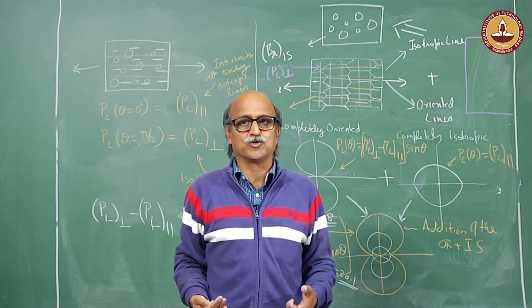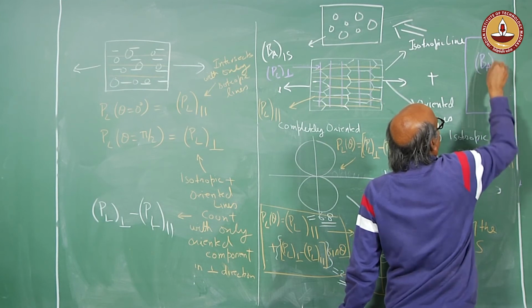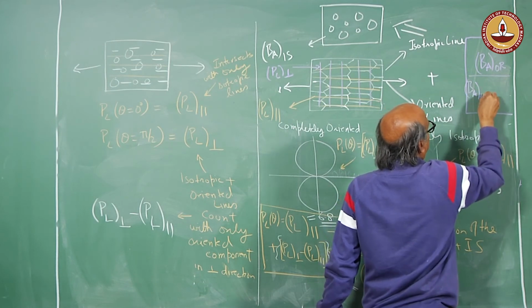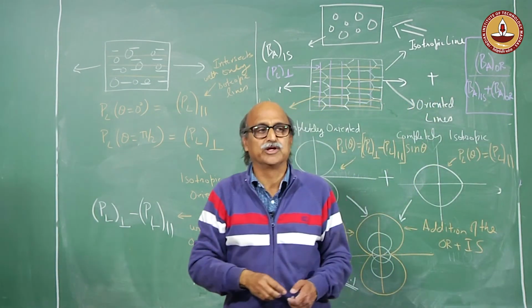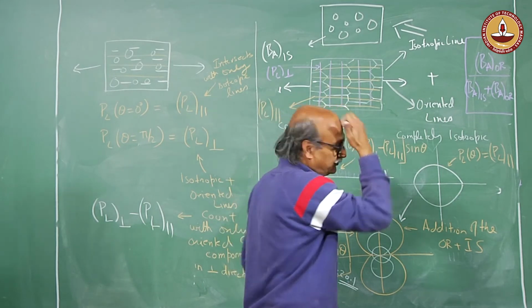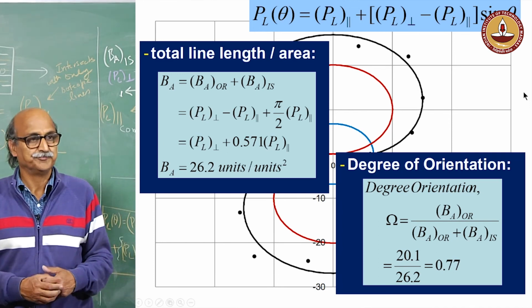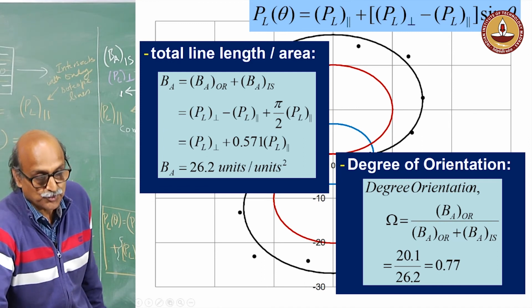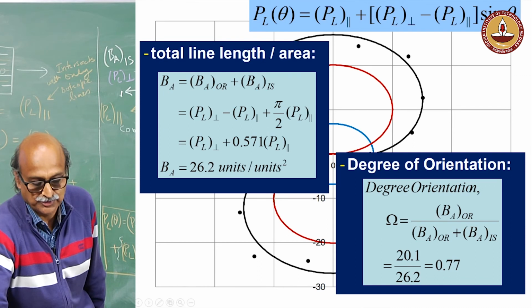How much fraction of the oriented component is there, which can be expressed as BA oriented divided by BA isotropic plus BA oriented, right? And this can be expressed like this. Degree of orientation is what we will call this, call that omega, let us say. So, it is BA oriented upon the total boundary length per unit area, which is BA oriented plus BA isotropic.